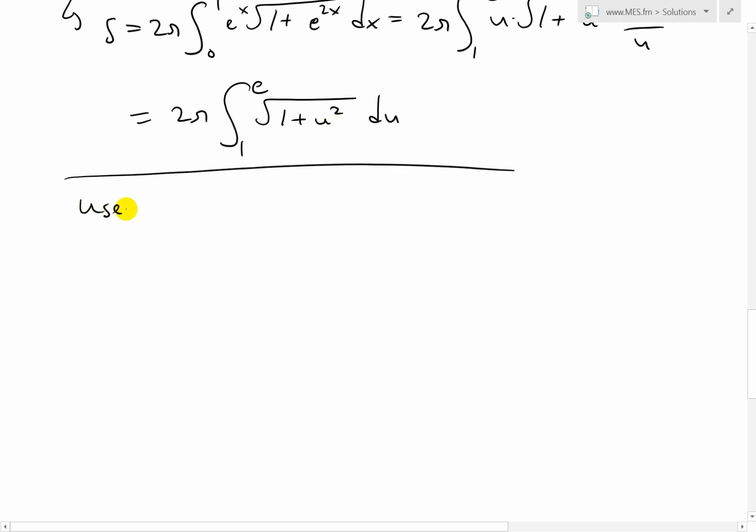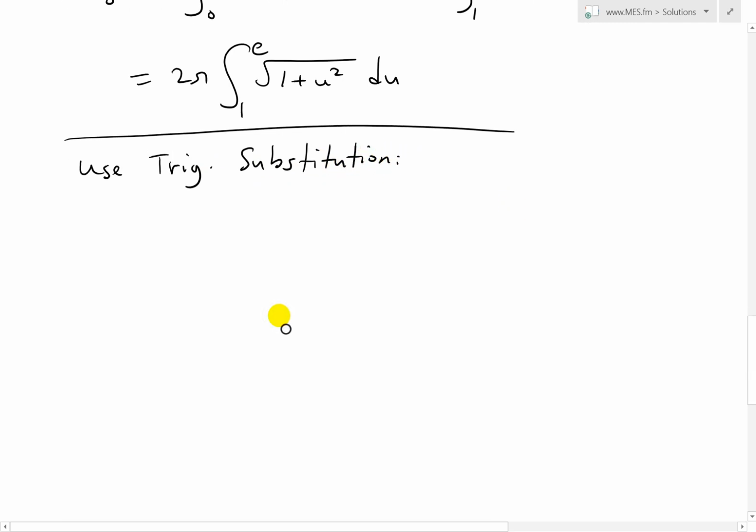So basically, we now use trig substitution. I'll show you why, and you can learn more about trigonometric substitution in my earlier videos. Recall the trig identity which I covered earlier: 1 plus tan squared of x is equal to secant squared of x.